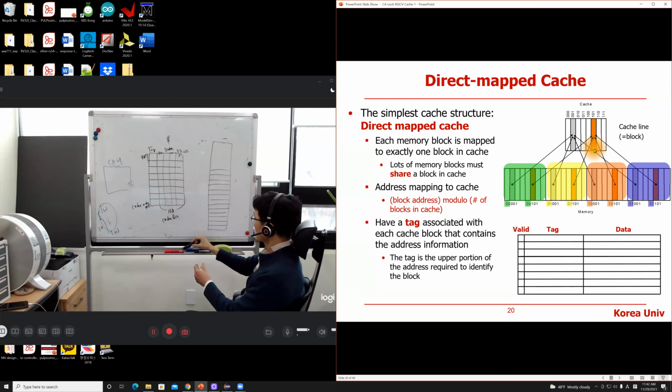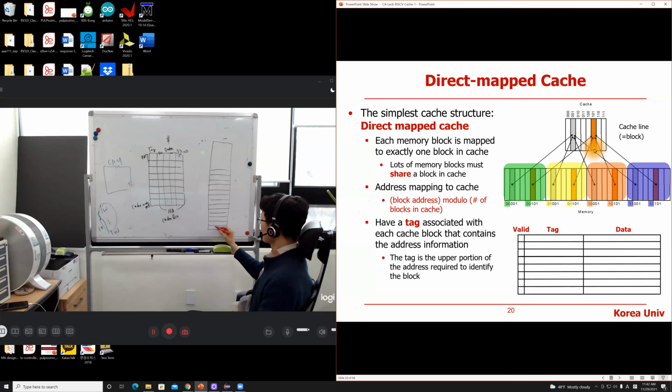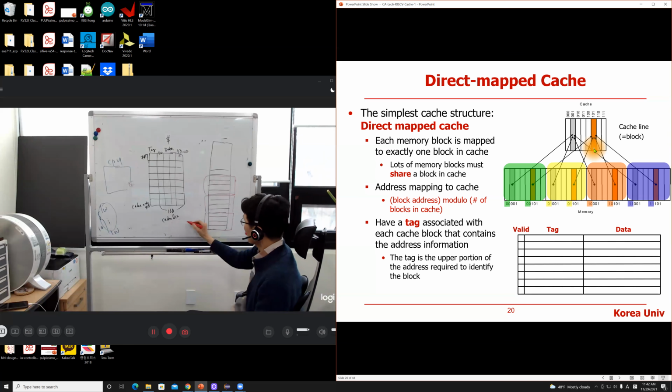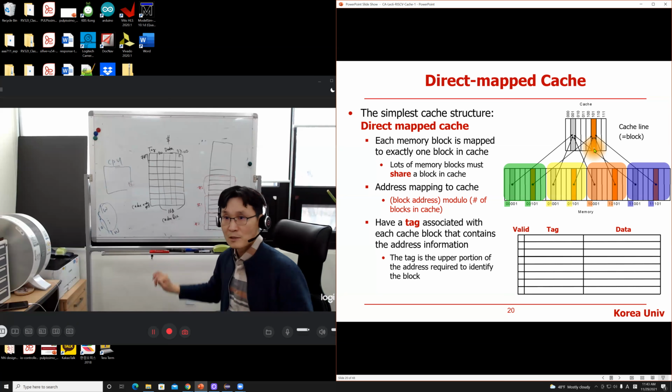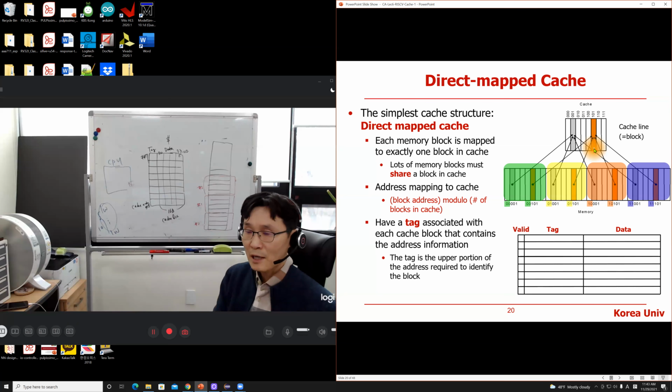Let's say each one is 4 byte. So first memory block, second memory block, and then third memory block, right? Cache line number 0, number 1, number 2, and so on, logically divided into this chunk. So I'm trying to explain the mapping mechanism right here.